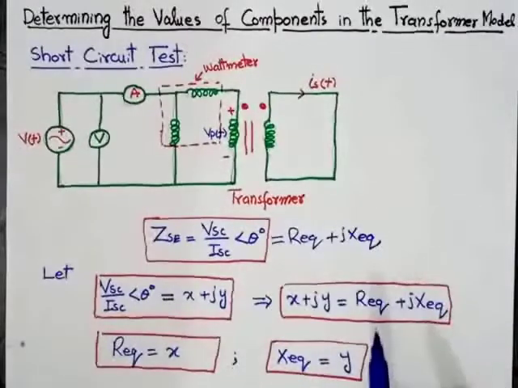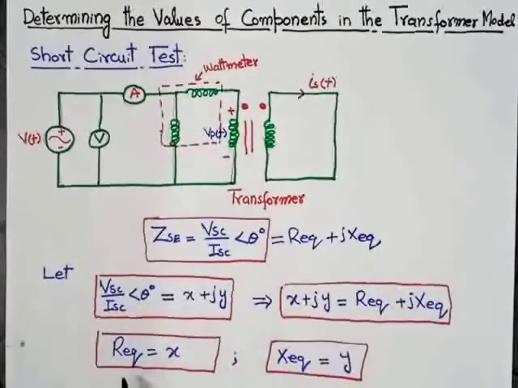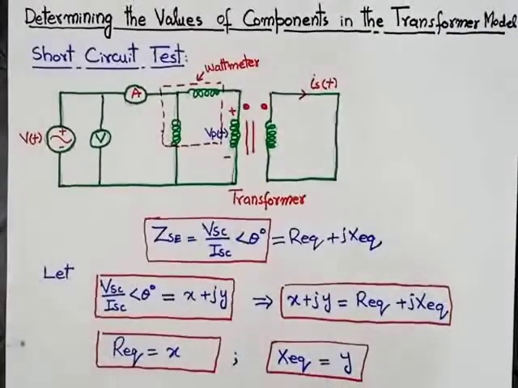Now, by comparing the real part with the real part and the imaginary part with the imaginary part, we get R equivalent is equal to x and X equivalent is equal to y. So by performing the short circuit test of the transformer, we can determine the values of R equivalent and X equivalent. So this is the short circuit test of the transformer.